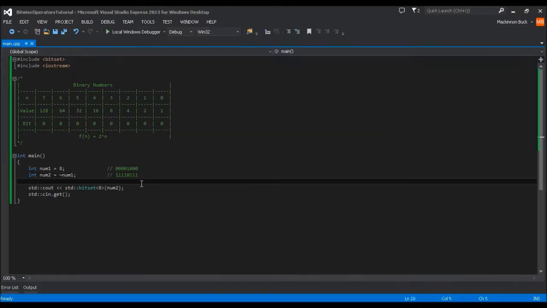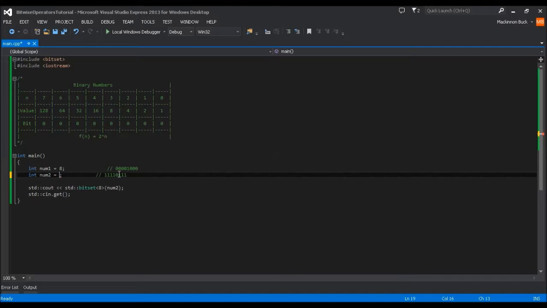So now I'm going to explain to you guys another bitwise operator. Actually, it's two more, but they're kind of the same thing. But anyways, this one is the left shift operator. And basically, here's what it does.